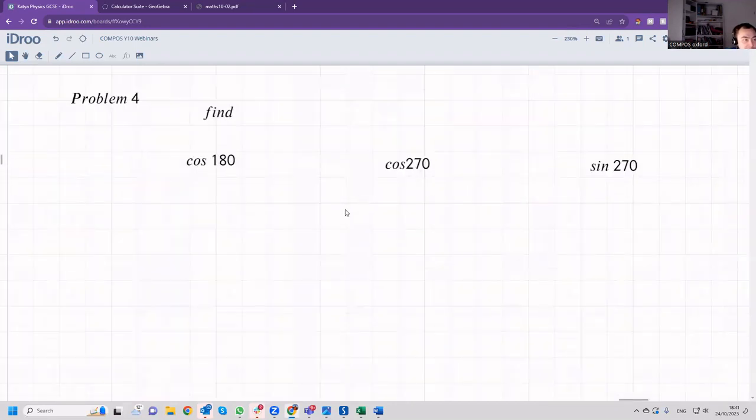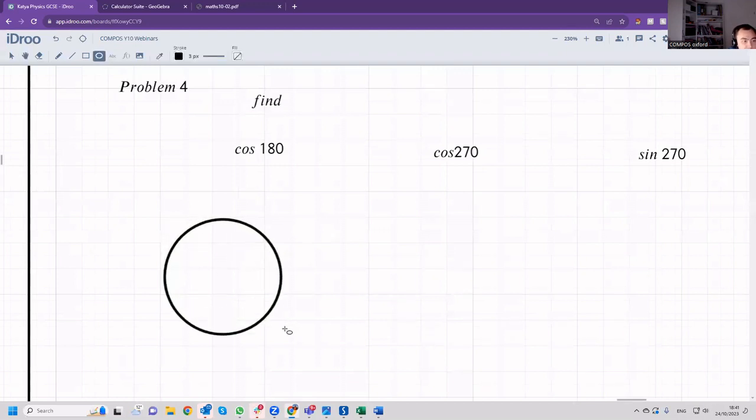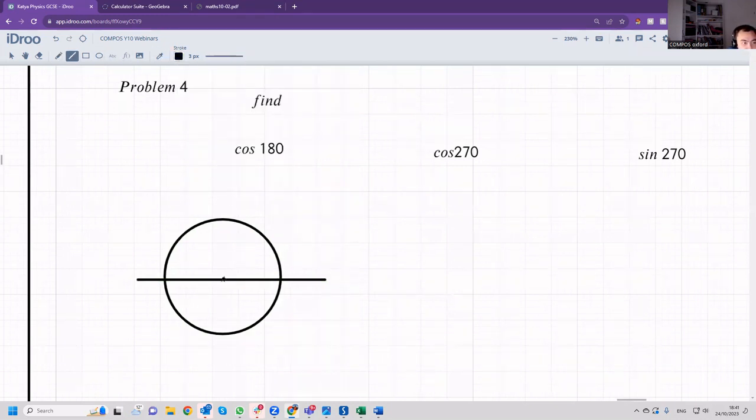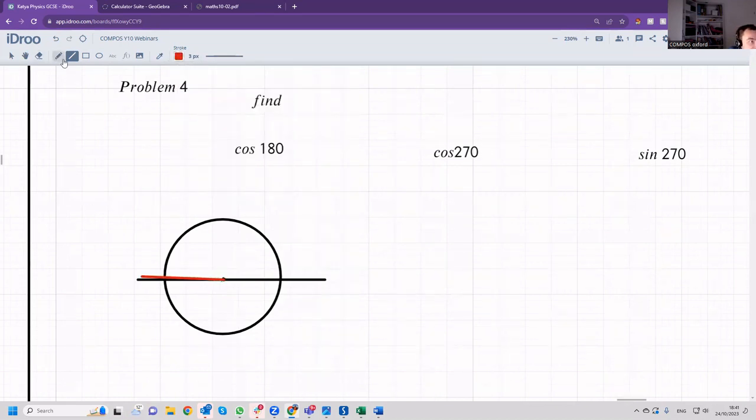All right, so cos 180. Let's work that out. We draw a circle and an angle of 180 degrees. We always start from the positive x-axis, so 180 degrees is this angle. What is the coordinate of this point? Minus 1, 0.